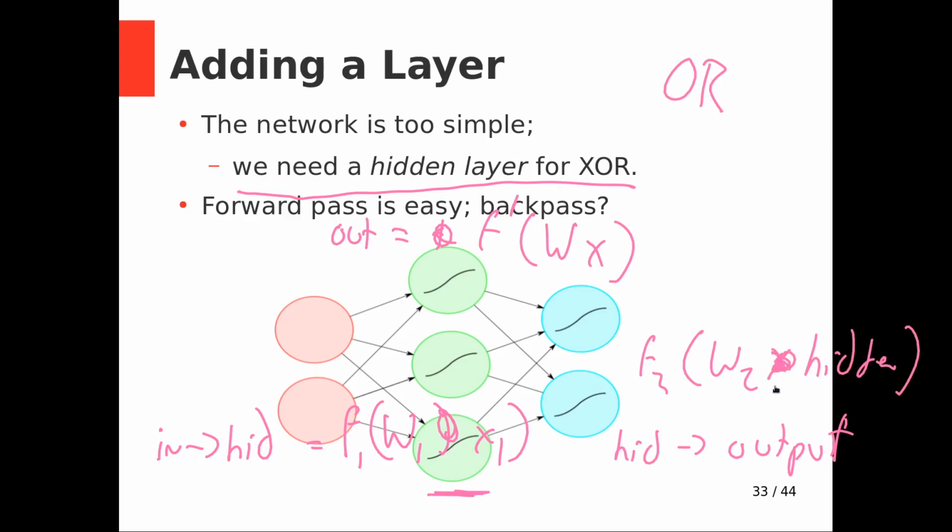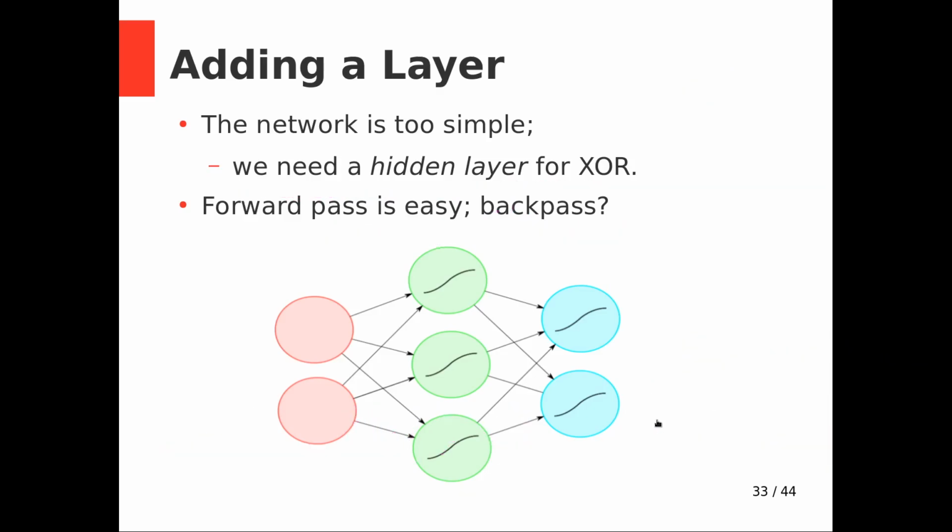Same structure: multiplying our input, which for the second layer is the state of the hidden units, times the second layer's weights, and applying the second layer's nonlinearity. So that's pretty straightforward. What is a little bit tricky is the backward pass.